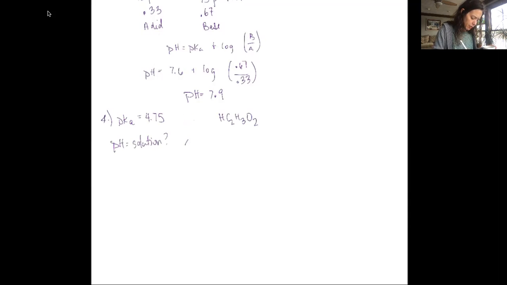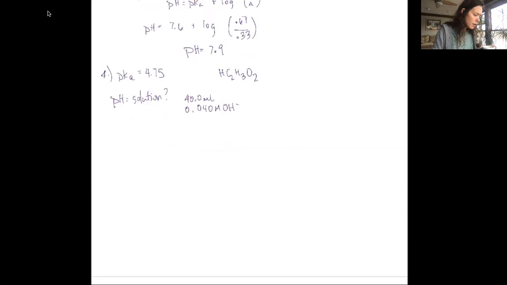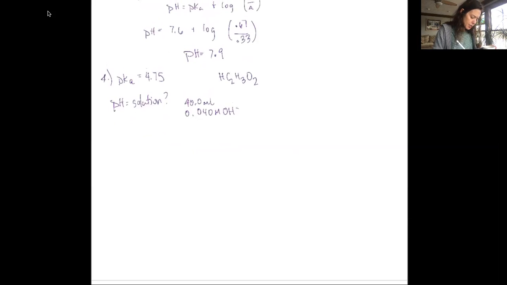And we've got 40.0 milliliters of a molar hydroxide. We look like we have a lot of work to do. That is added to 50.0 milliliters of a 0.75 molar, and that looks like that would be our acetic acid.